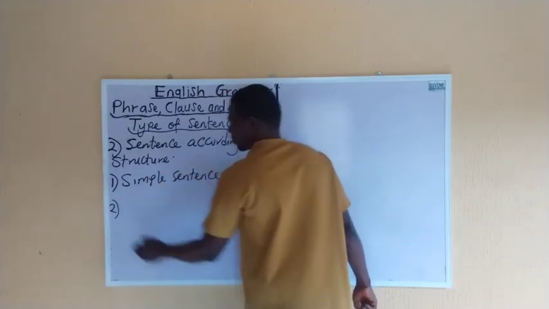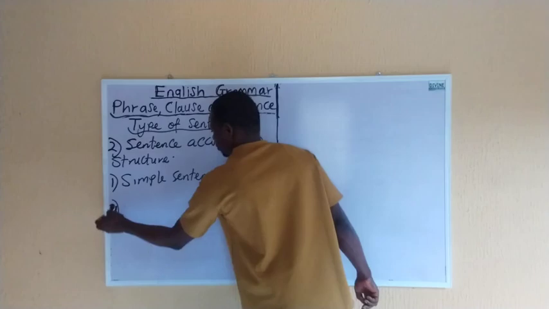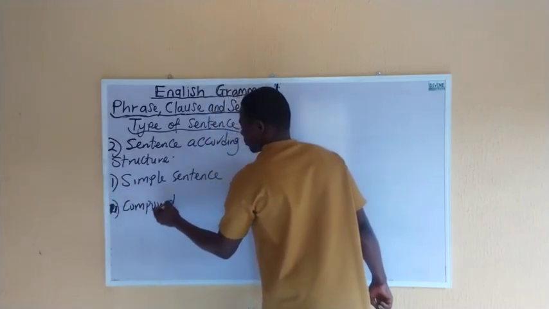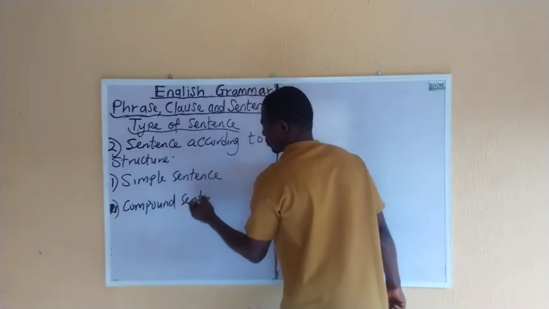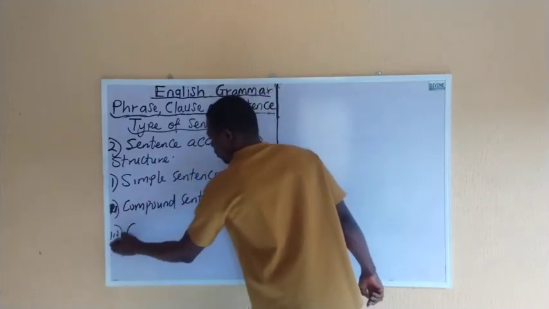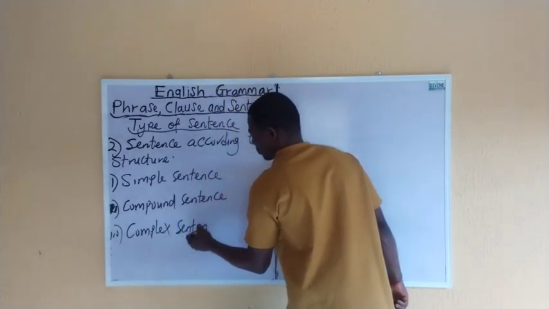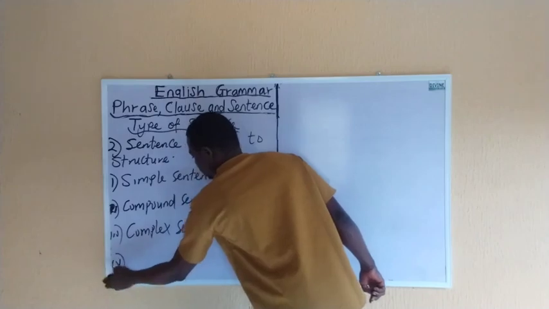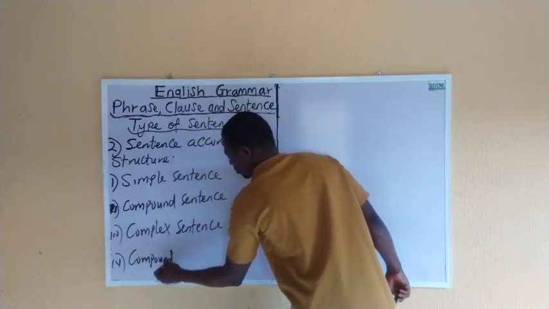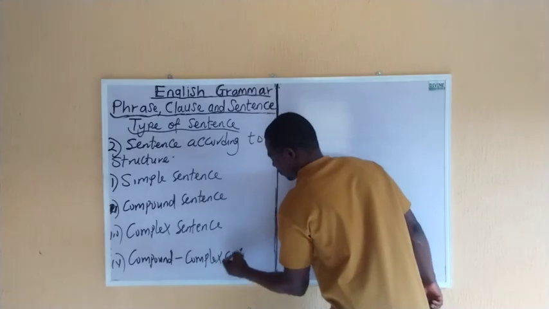The second is known as compound sentence. The third is known as complex sentence. Then the fourth is known as compound complex sentence.